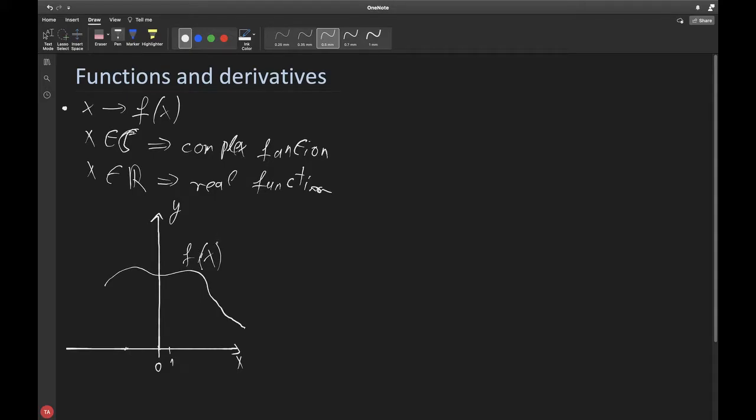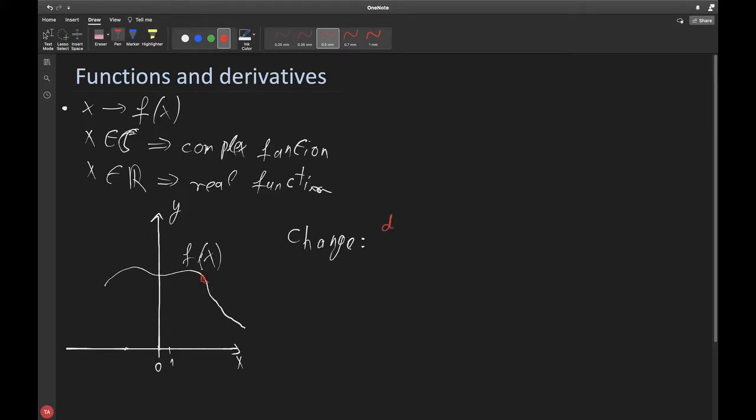So in physics, what we are usually interested in is the change in a function, and those are essentially described by derivatives. So if I am interested in the change, what we can look at is the change in the x direction and the change in the y direction.